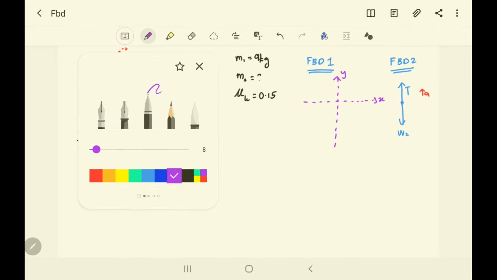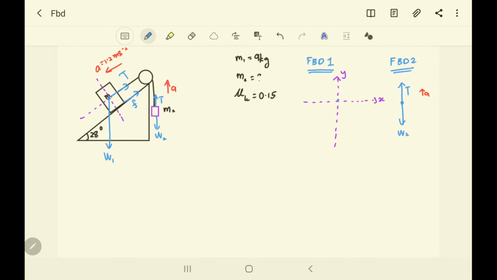Okay, so now let's put a dot that represents the body. Okay, like this. So we're going to have T. Okay, tengok dekat sini ya. T berada pada x-axis. It's on the x-axis. So saya letak T here. And how about W1? So W1 is in this direction at an angle of 28 degree.